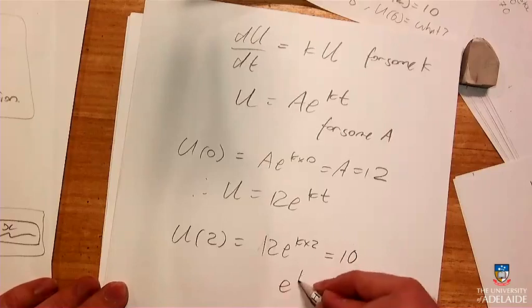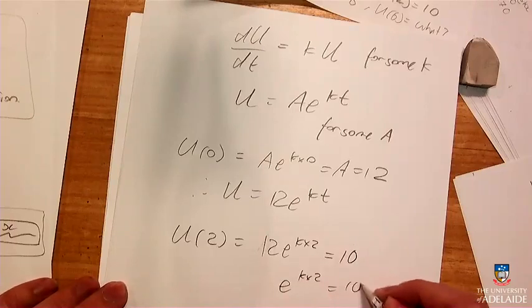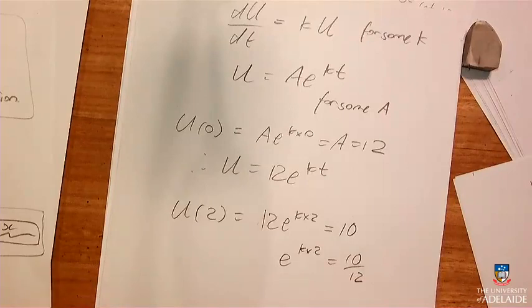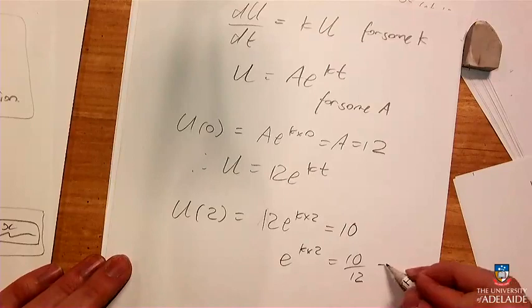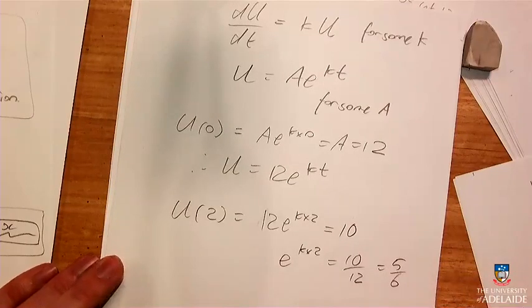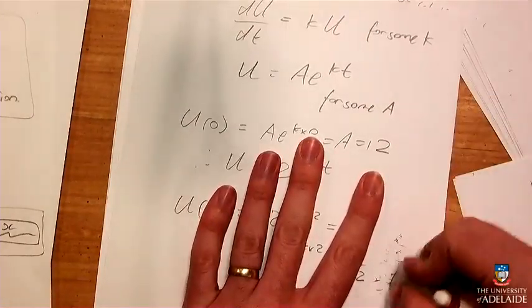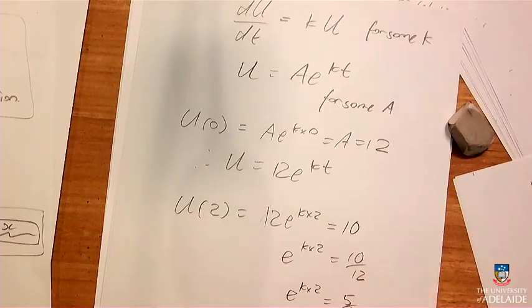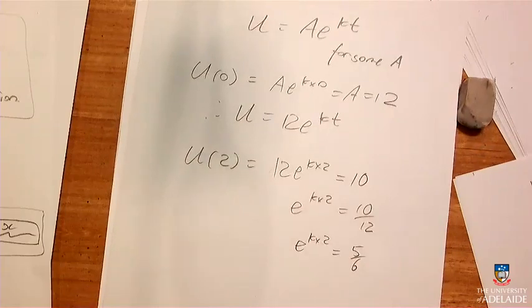And so e to the k times 2 is 10/12, which is the thing I figured out just before, which is 5/6. I'm not going to put it there because I need to use it in a minute. I could, if I wanted, figure out what k was.